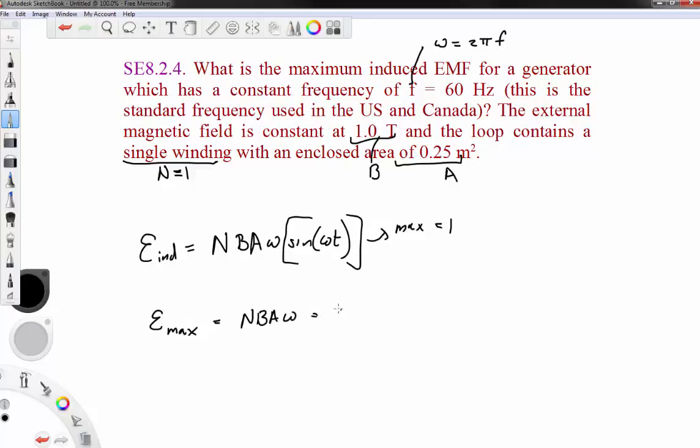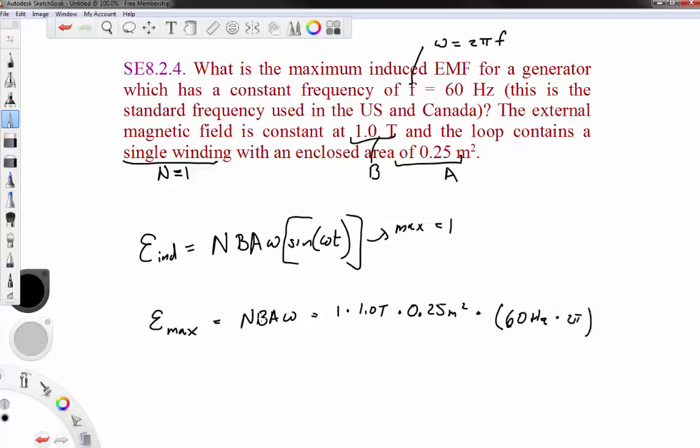So that would be 1 times 1.0 Tesla times the area, which was 0.25 square meters, times the angular frequency, which is basically 60 hertz times 2 pi.